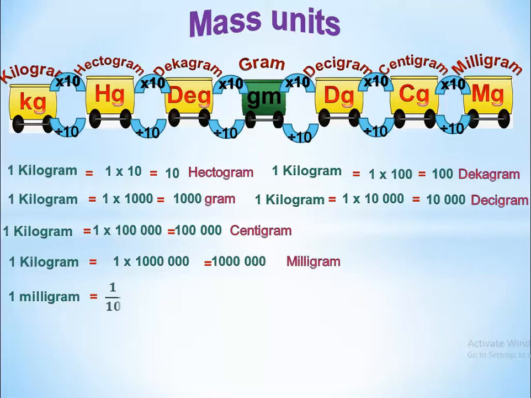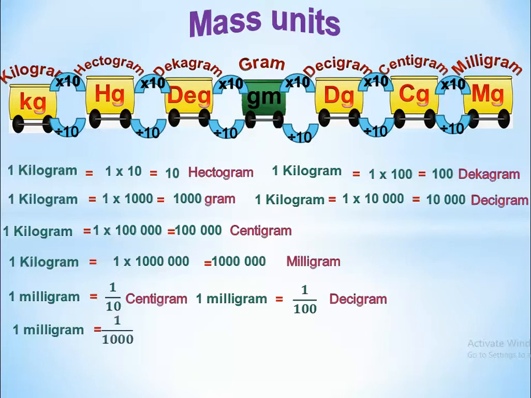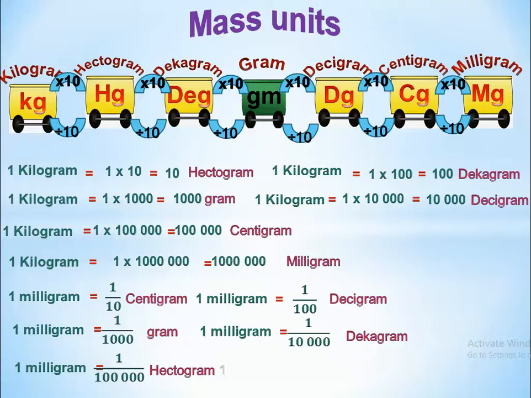So 1 over 10 centigram. 1 milligram equal 1 over 100 decigram. 1 milligram equal 1 over 1000 gram. 1 milligram equal 1 over 10,000 decagram. 1 over 100,000 hectogram. If I want to convert into kilogram, 1 over 1 million kilogram.